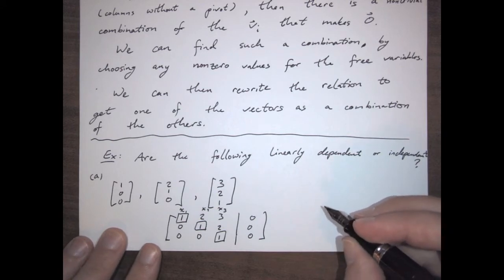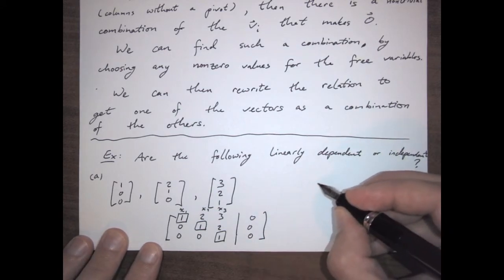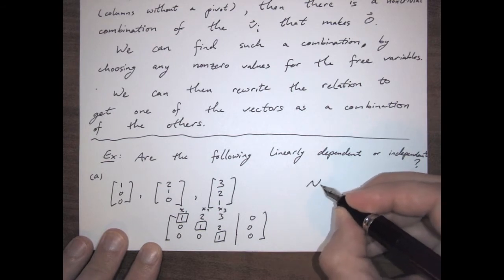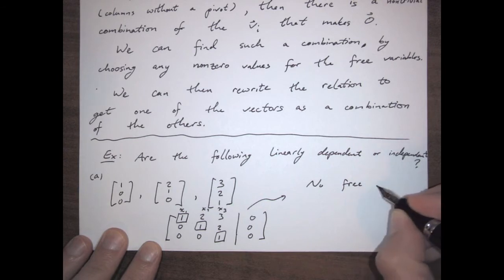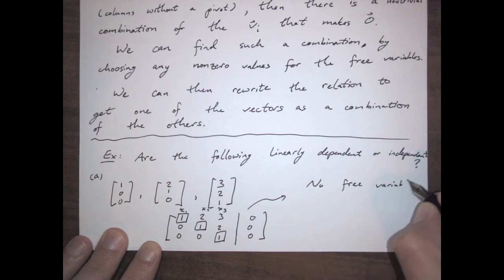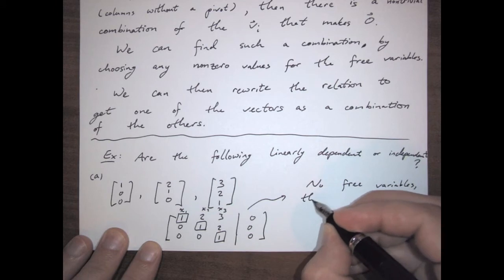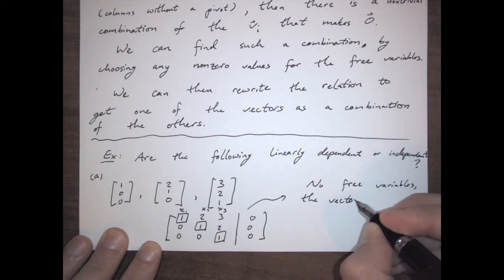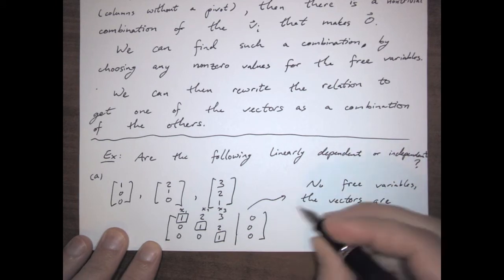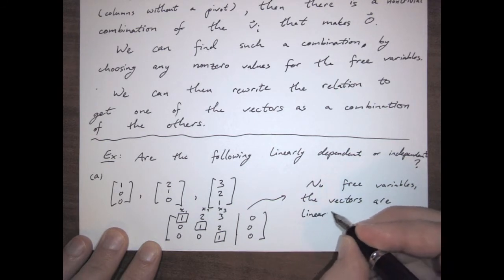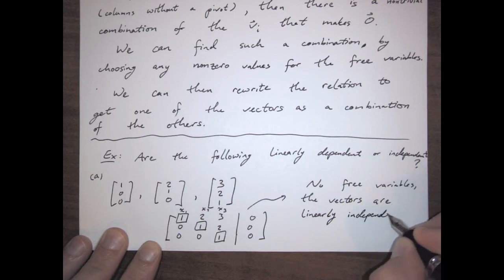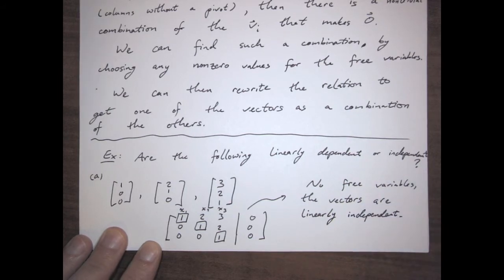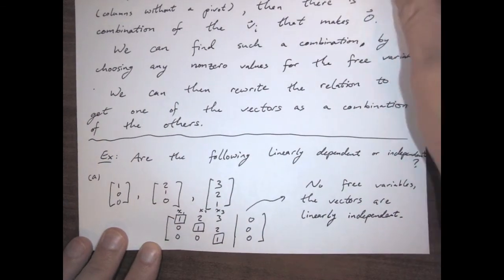There's a pivot everywhere, which means all the variables are basic, no free variables. The vectors, therefore, are linearly independent. So that's the first example.